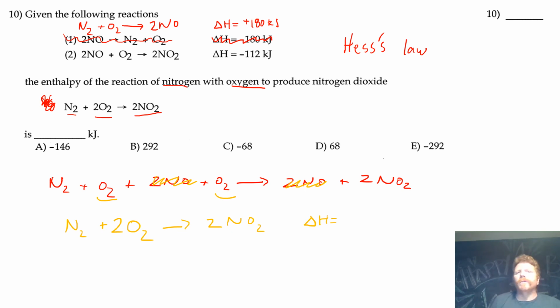Our delta H for this overall reaction is positive 180 plus negative 112, which is the same as 180 minus 112, positive 68 kilojoules. So we're left with answer option D, positive 68 kilojoules, as our best answer option. I hope this is helpful, and we'll move on to some more problems in just a second.